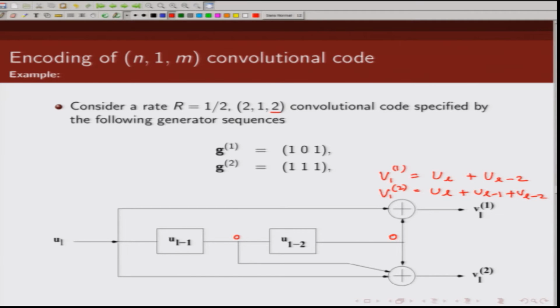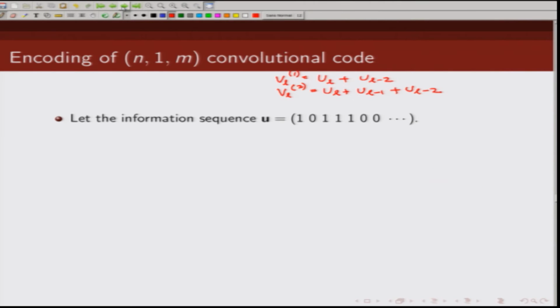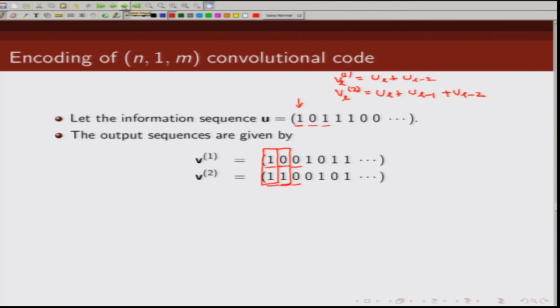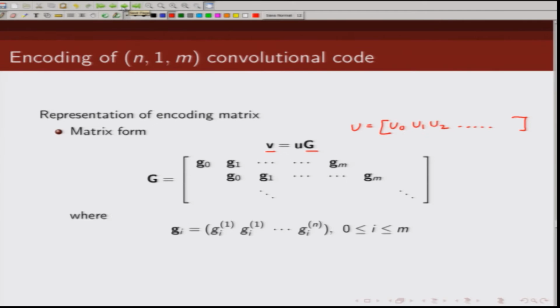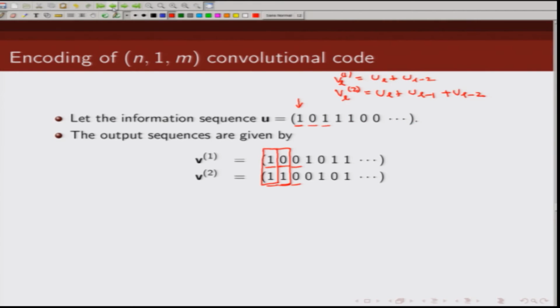U0 times G0. What is G0? G01 is this, G02 is this interconnection, which is connecting UI to the output. So, at first time instance, what you would get is the output is nothing but U0 times G0. This is the output that you will get at first time instance. What is the output that you will get in the second time instance?